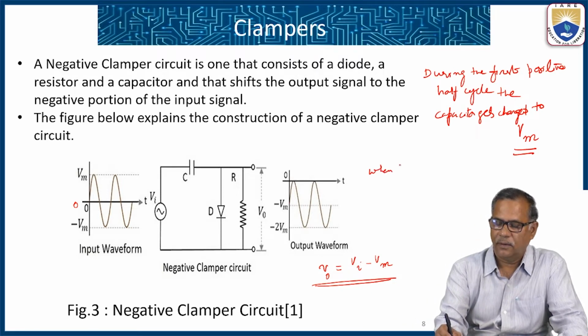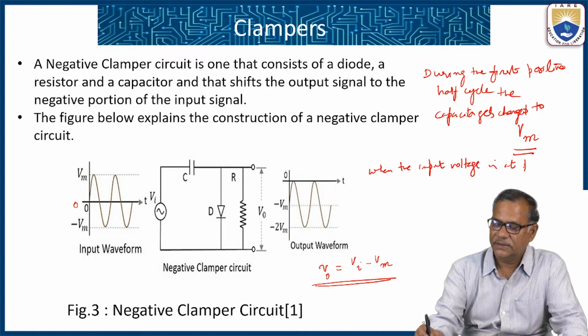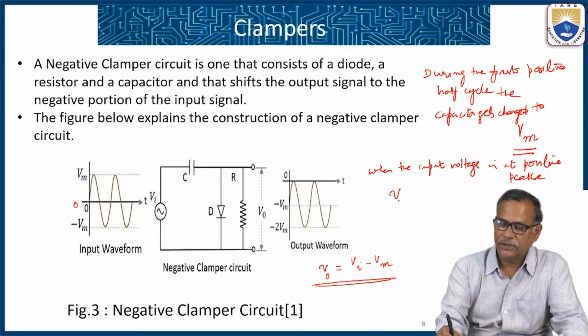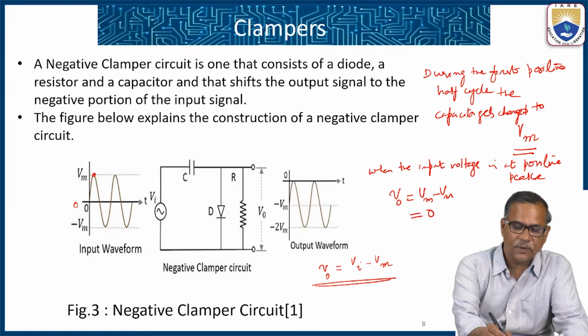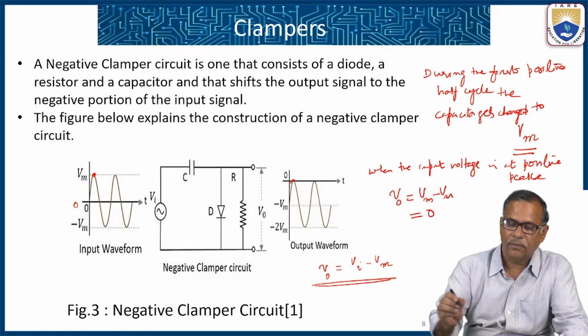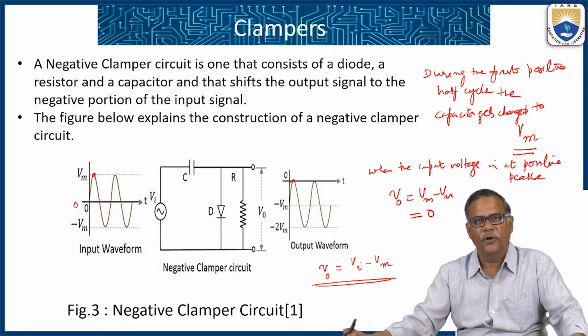When the input voltage is at positive peak, then V out is equal to Vm minus Vm, so that is equal to 0. So during this positive peak, the output voltage is 0 during steady state condition.